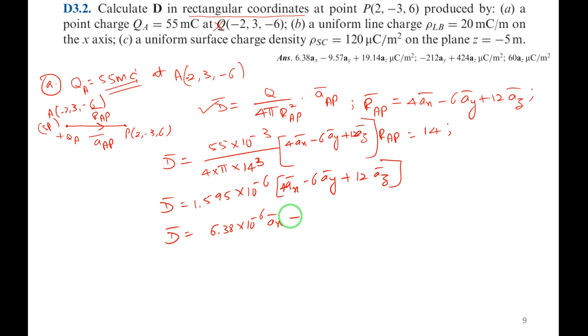Then minus 1.595 into 6, so minus 9.57 into 10 power minus 6 ay.